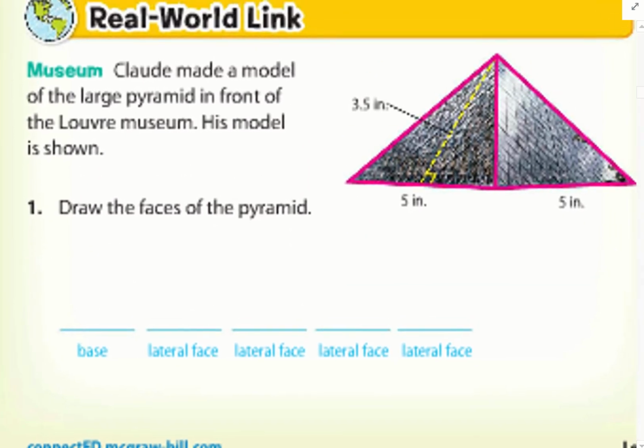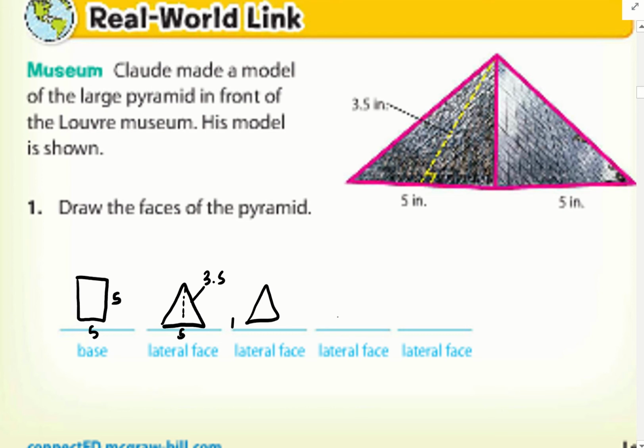Here I have a base. It says Cloud made a model of a large pyramid in front of the Louvre Museum. His model is shown. If I look here, my base is going to be a square, 5 by 5. My lateral face, I have 4 of them, and each is 5 by 3.5.